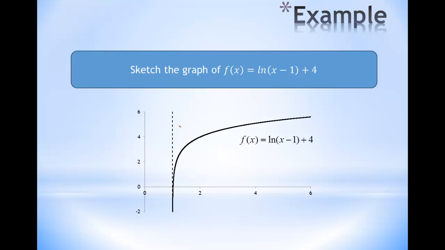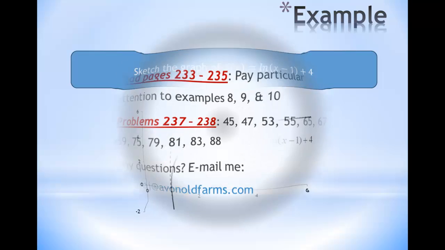This is the line x is equal to 1. Everything got shifted over this way, 1 unit, and this way, 4 units. Hopefully that makes sense. This is just going through our basic transformations that we learned about way back in Chapter 1.